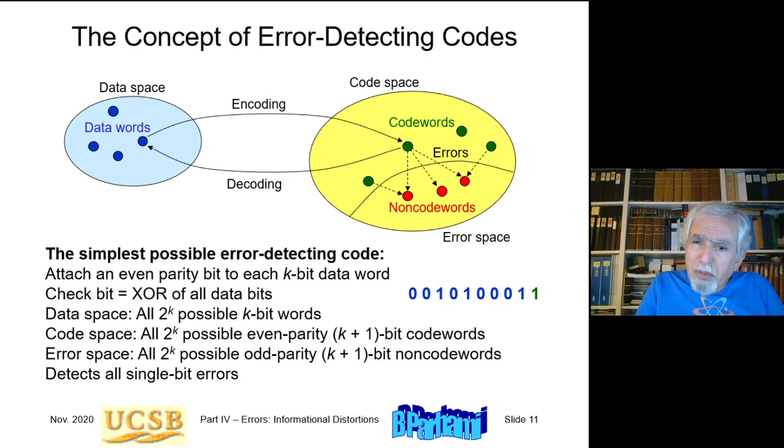So because there are 3 ones in the data word, I add a 1 to make the number even. Now, if any bit in this coded word changes, that 0 changes to 1, it violates the parity and therefore I can detect a change. However, if 2 bits change, for example, this 0 changes to 1 and one of the 1s changes to 0, parity will not be violated, therefore double errors are not detected.